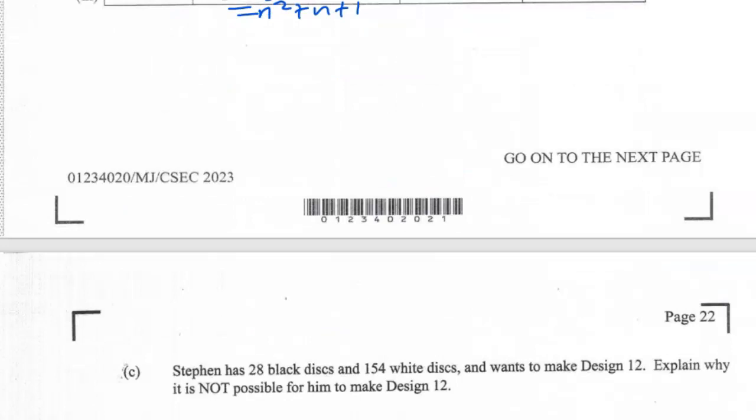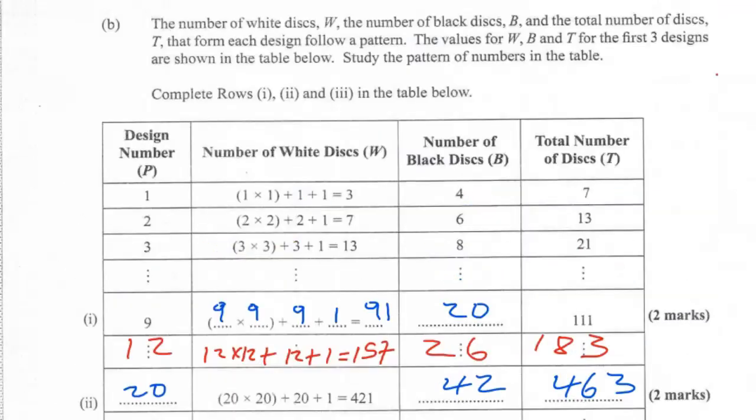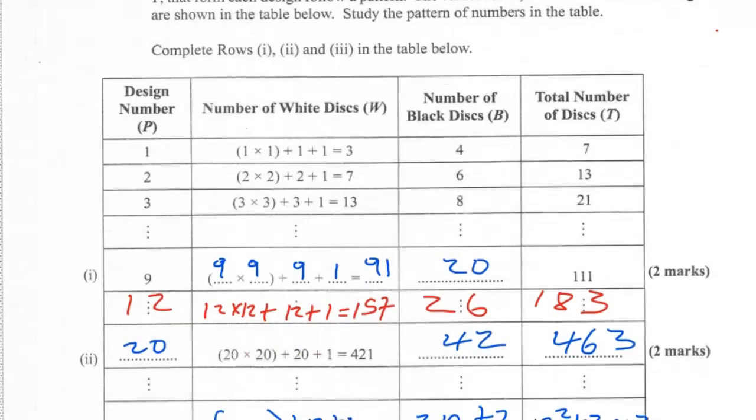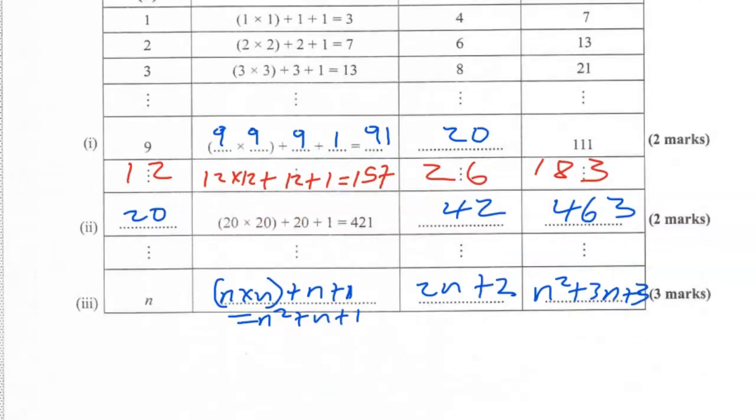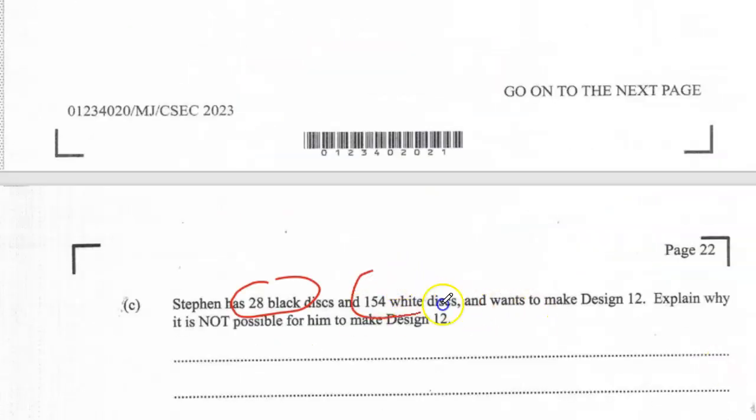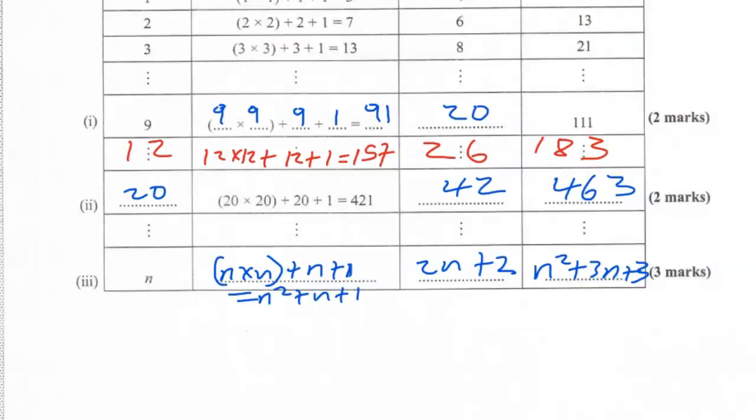So for design 12, Stephen has 28 black discs and you need 26, so he has a sufficient amount of black discs. But the white discs are a problem.